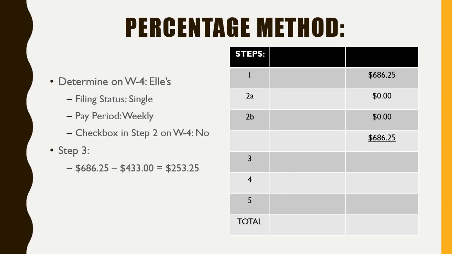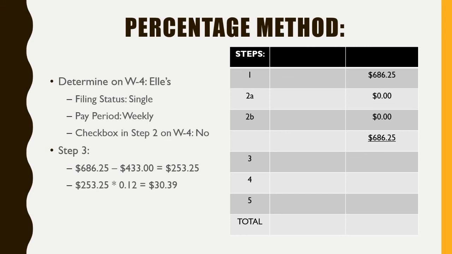Since I identified what row I'm going to be on, this is what I have to do. I'm going to take my gross earnings and subtract letter E, which is what the government lets me keep without taxing it. That gave me a total of $253.25. I took my $686.25, subtracted $433 to get $253.25. Since this is extra money that I've earned in excess, I need to multiply it by my letter D, which is that 12%.